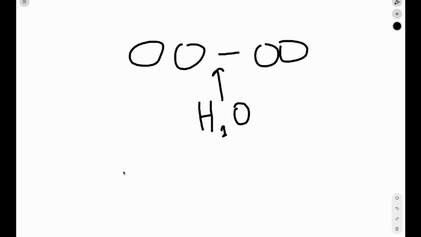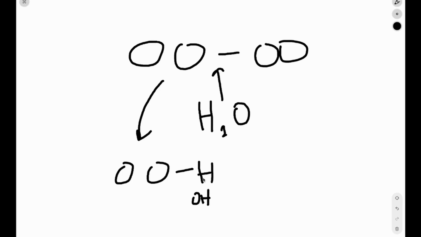So what will happen here is these ones on the left will end up with either H or OH, that's possible too. It depends on the certain properties of the molecule. The other side, the right side in this case, will end up with the other half of the water.